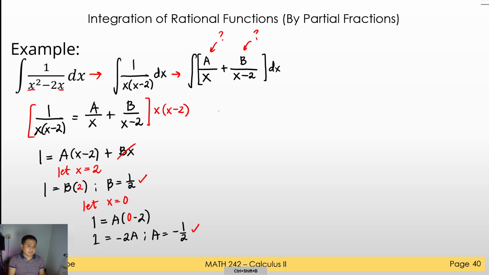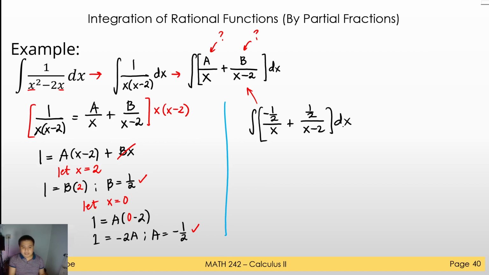Okay, so that's it. After doing that, you can go back to this again. So you have the integral of a over x, so this is negative 1/2 over x, and then plus positive 1/2 over x minus 2, dx. So we can integrate this separately. What is the integral of this? You can just factor out the negative 1/2.